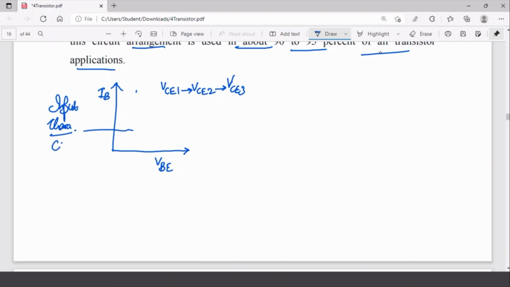Input characteristics for a common emitter configuration. Why is it common emitter here? Because you can see here, if I want to draw, for common emitter this is your transistor.